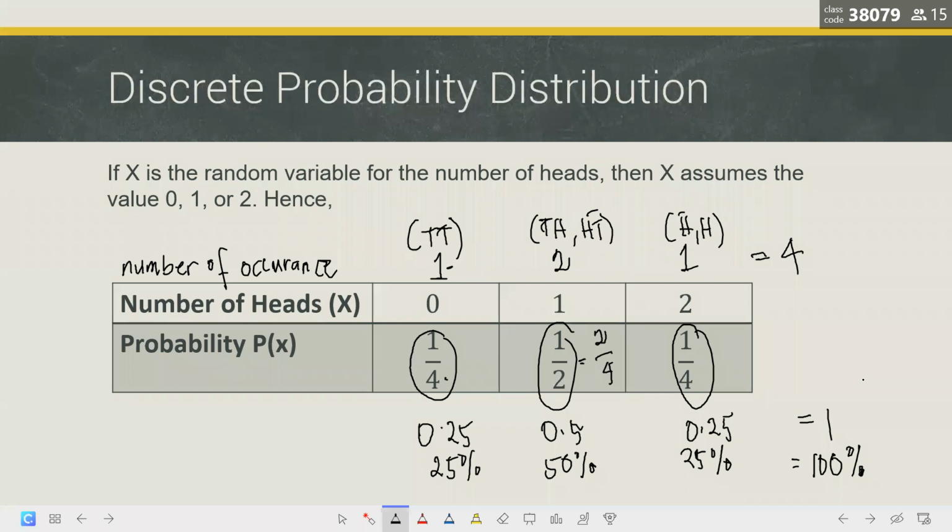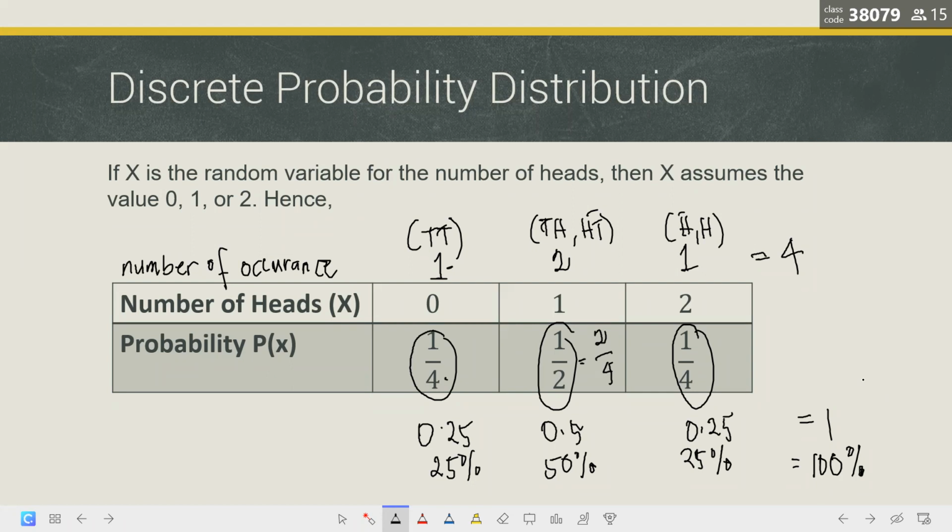Di ba? Pag tinanong kayo, ano ang probability niyo na babagsak kayo sa statistics and probability? Or sa GenMath na lang, ano yung probability niyo na babagsak kayo sa GenMath? 10%, sir. So, anong probability niyo na papasa kayo? 90%, sir. Di ba? So, nakukuha natin yung other percentage niya. Mina-minus natin sa 100%.